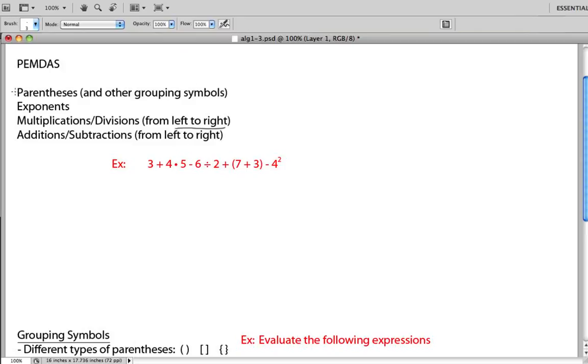Because parentheses is the first thing on our list, we're going to calculate what is inside these parentheses first. So 7 plus 3 is 10. So I'm going to rewrite everything except for the part that I calculate. I will change this to 10.